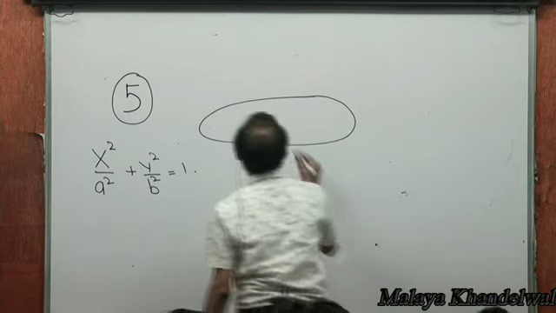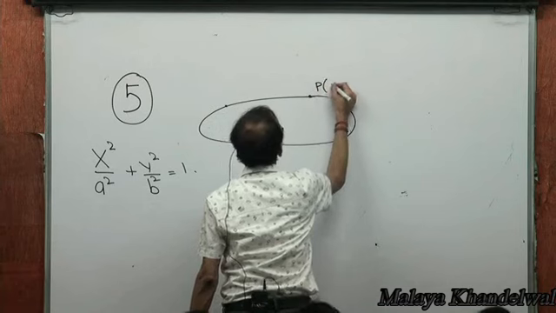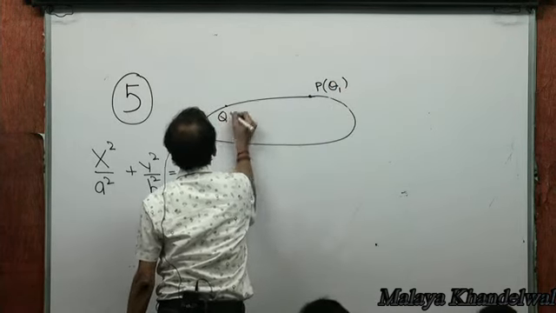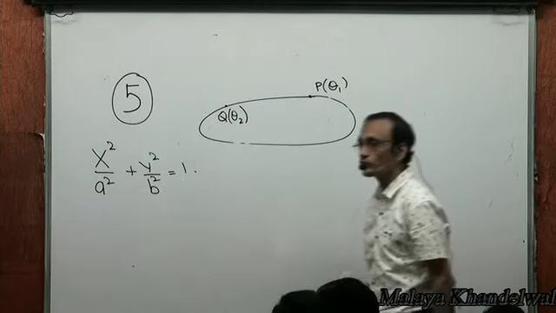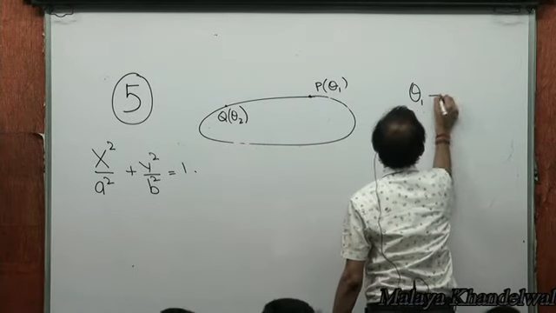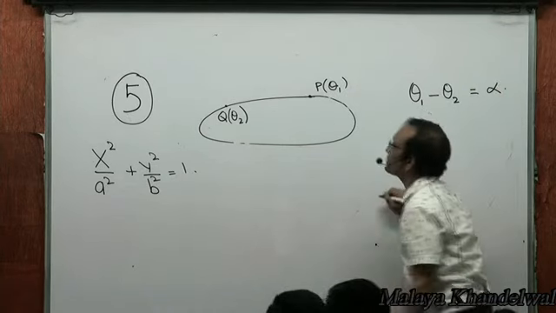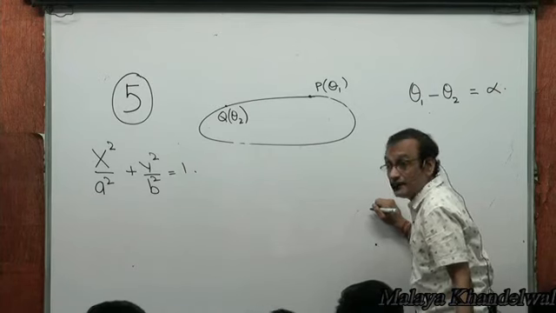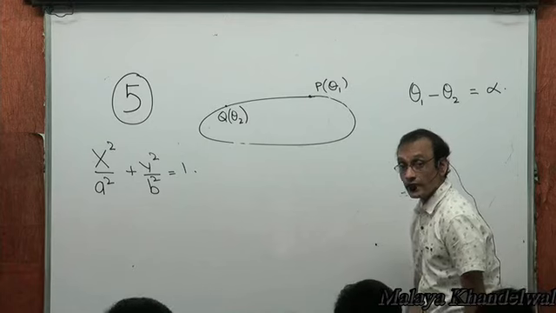Now, what I do is, I select 2 points P, say theta 1, and Q, say theta 2, where say theta 1 minus theta 2 is alpha. Obviously, several sets of PQs could be selected where they differ in their eccentric angles by alpha, right?